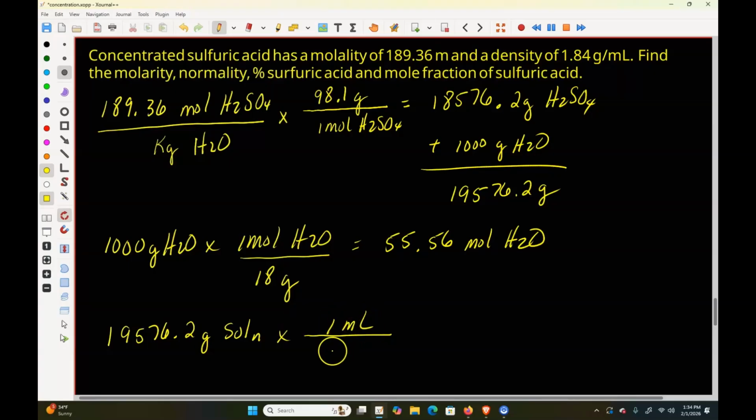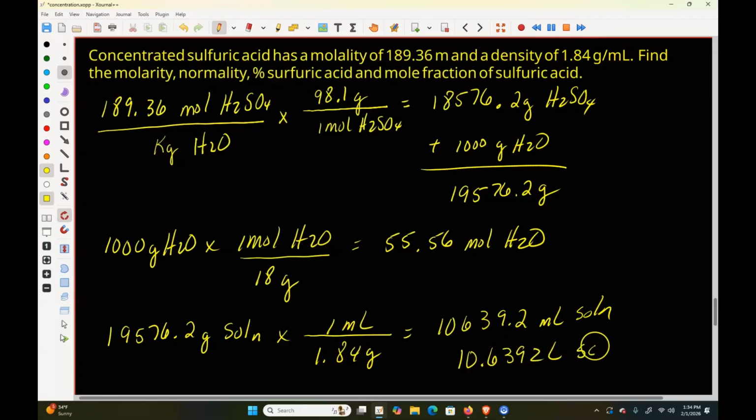It's 1 milliliter per 1.84 grams, which gives me 10639.2 milliliters of solution, which is 10.6392 liters of solution.